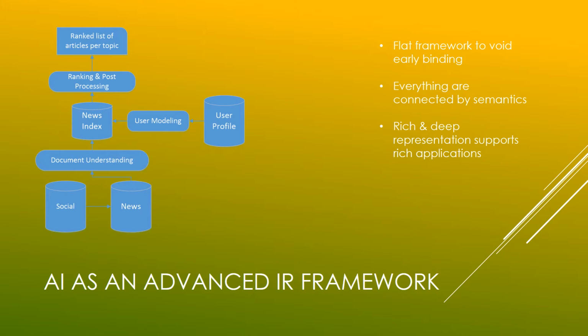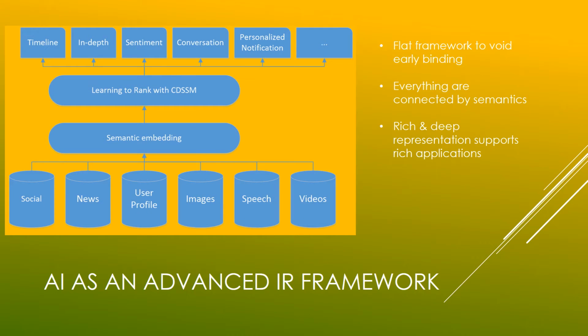Okay, now if we can do automatic feature extraction, and if you have a very rich and comprehensive representation of those features, then you can build a lot of rich applications based on those features. So that's why we are proposing this new architecture that is very flat.